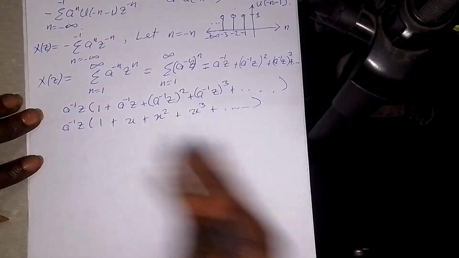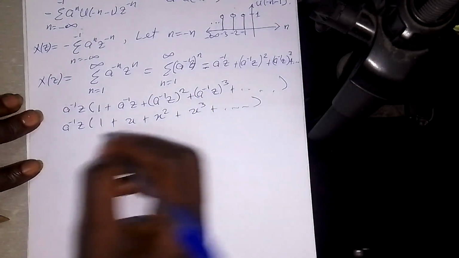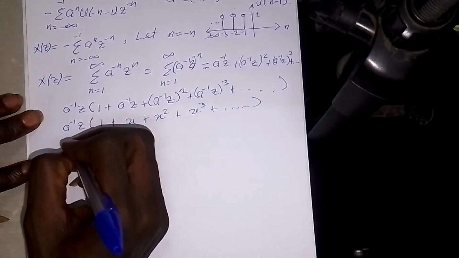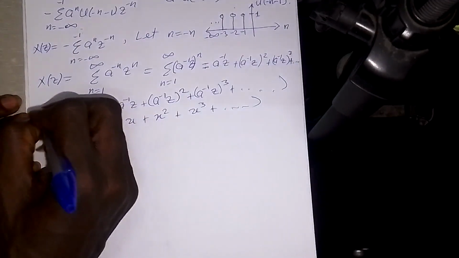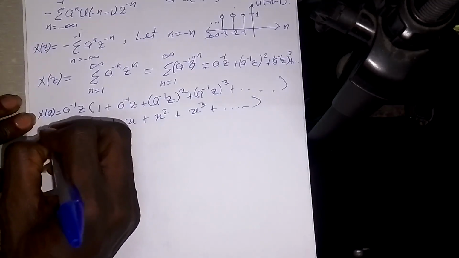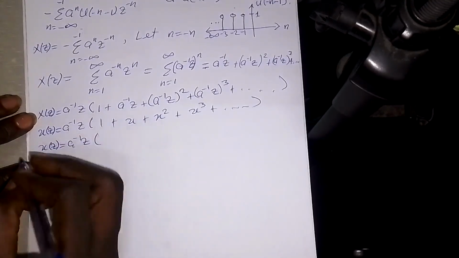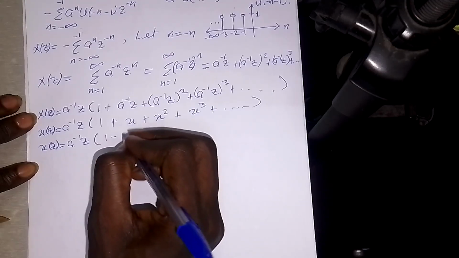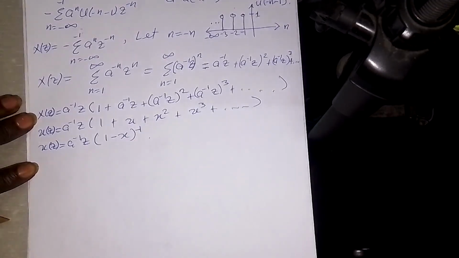Now I can say this particular sequence in this bracket, you have to know that here is X of Z, and here is X of Z, and here is X of Z. And this particular sequence here is the binomial expansion from this one, minus 1.